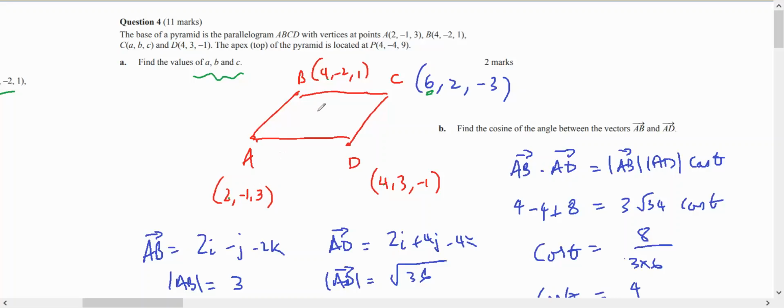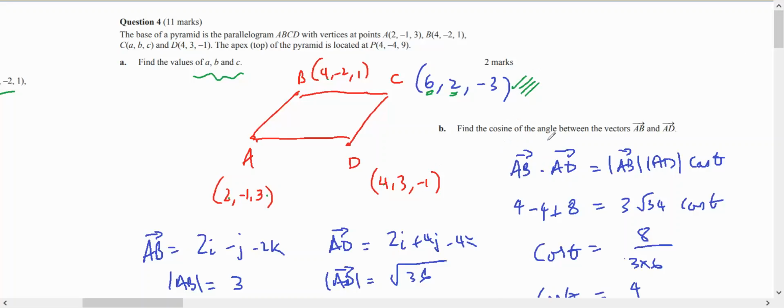To go from -1 to -2, I've gone backwards 1 in the j, so I go from 3 to 2, backwards 1 in the j. And to go from 3 to 1, I've gone backwards 2, so -1 to -3. Those will be my coordinates of point C, and that's because it's a parallelogram.